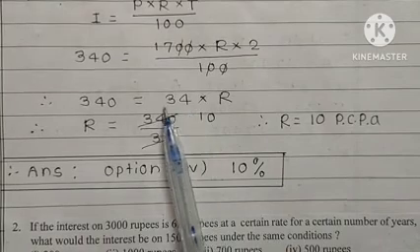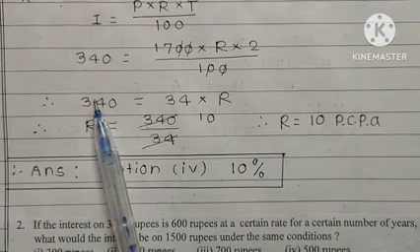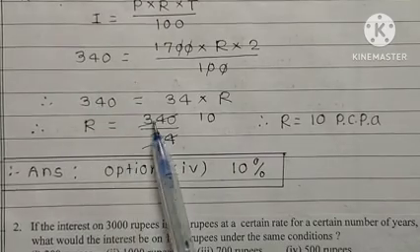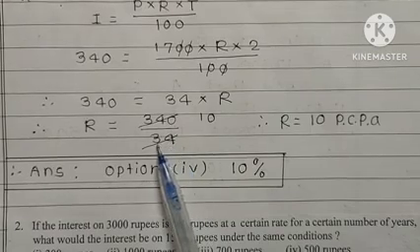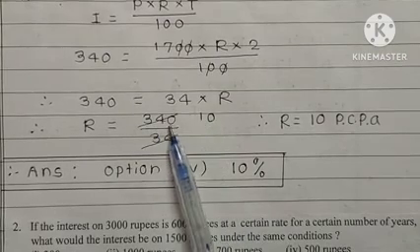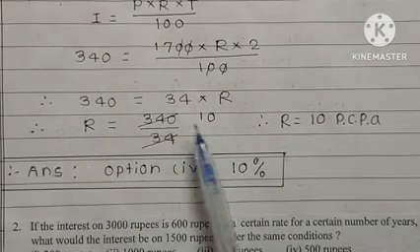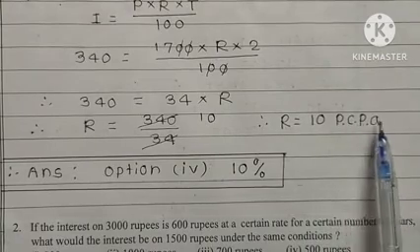So 340 is equal to 34 into R. Taking this 34 in the denominator of 340, that means R is equal to 340 upon 34. You know 34 ones are 34 and this 0 as it is. That means R is equal to 10. 10 percent per annum.